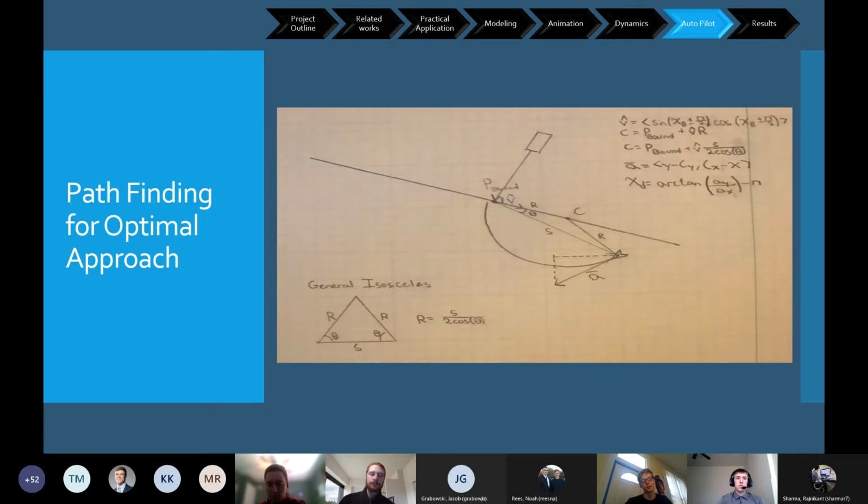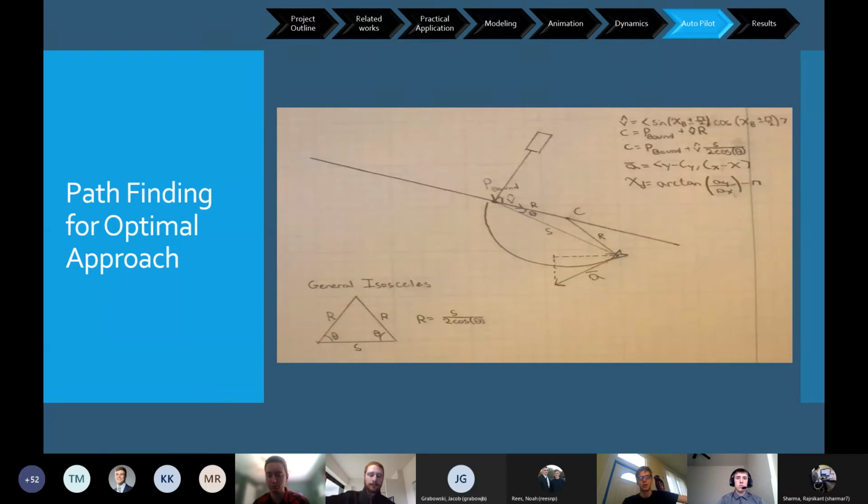So once we are over the line, every iteration we are going to calculate a circle that has a center along v hat, which is the vector orthogonal to the chi of the boat, and has 2 points on it, each of radius r, one at the p-bound and one at our current location.